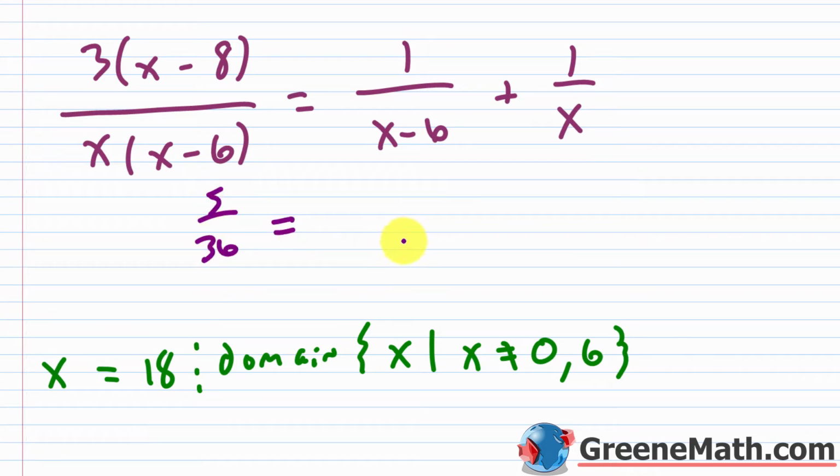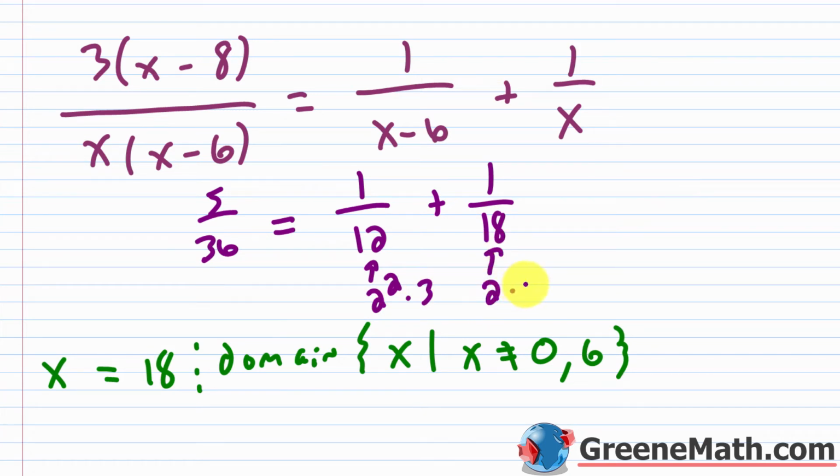This is equal to... over here, you have 1 over, you have 18 minus 6, which is 12. And then plus 1 over, you have 18. Now, you would have to get a common denominator here. In the LCD, when you consider 12 and 18, this right here is basically 2 squared times 3. And this right here is 2 times 3 squared. So you need 4, or 2 squared, times 9, or 3 squared.